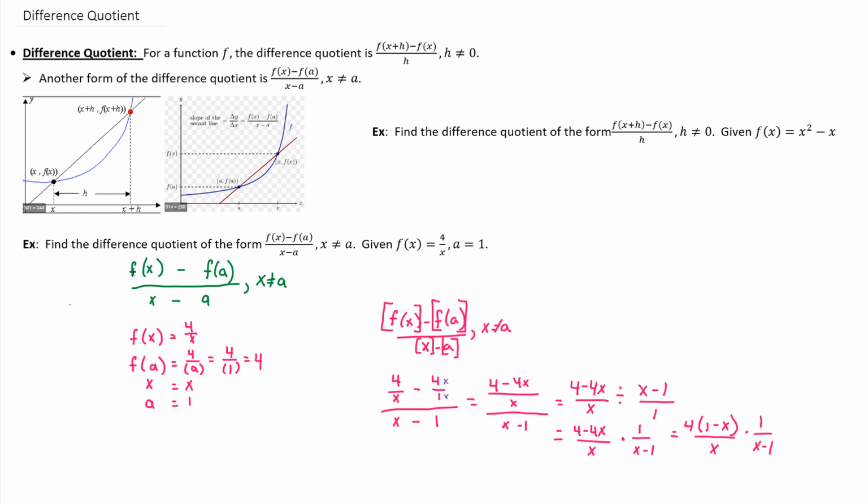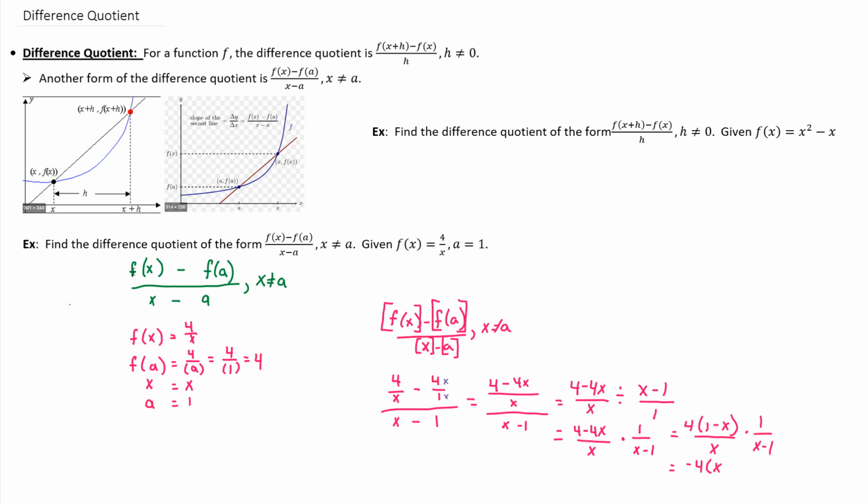But there's nothing identical to cancel right now, but these look like they're opposites. Like if I factored out a negative, they would end up being the same. And so I'm going to actually factor out a negative 1 as well. And so this becomes negative 4 when I pull out that negative 1. And then these signs change, so this goes minus 1 plus x.